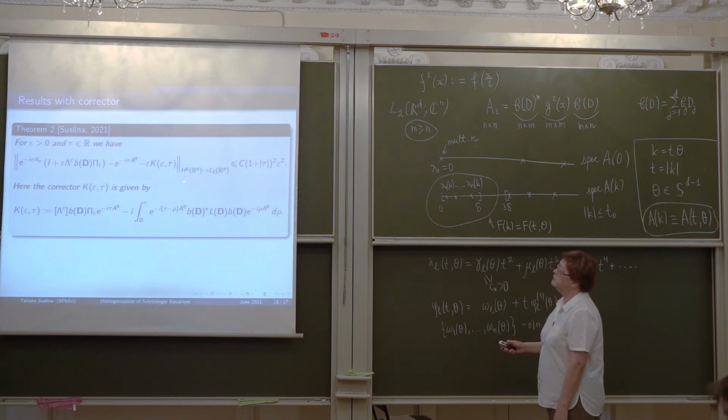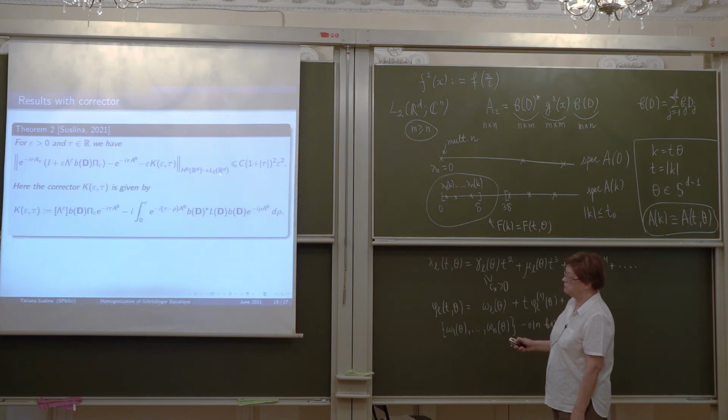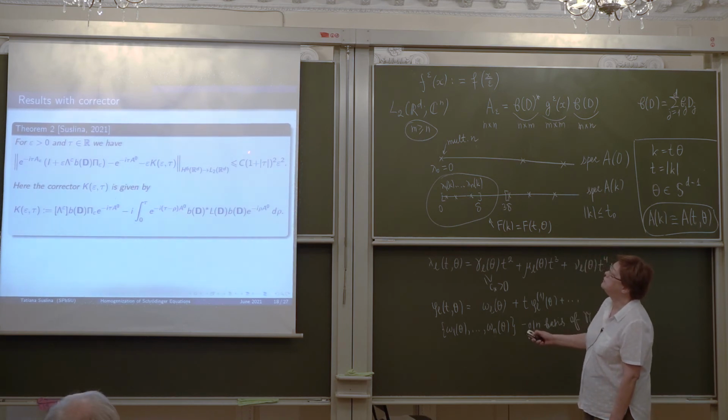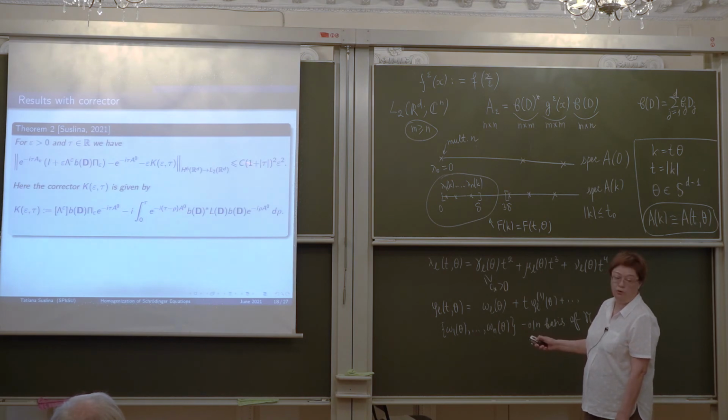Here, the operator norm is from H6 to L2. Then we have epsilon squared on the right, but we have this factor, which is quadratic in tau, for large tau.